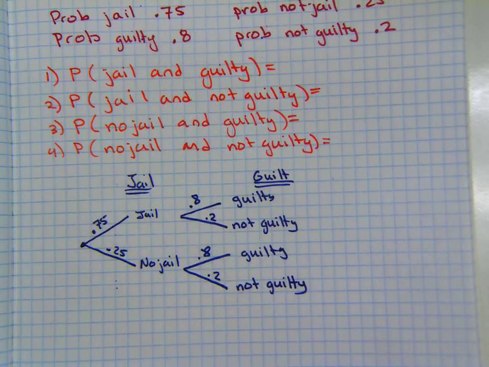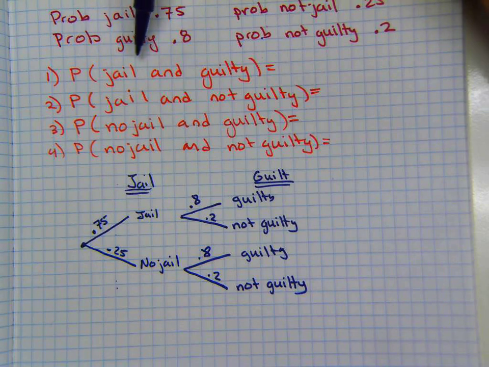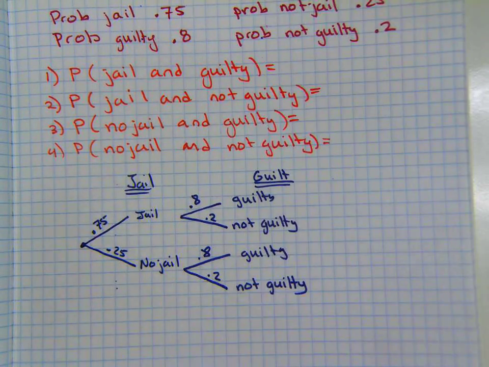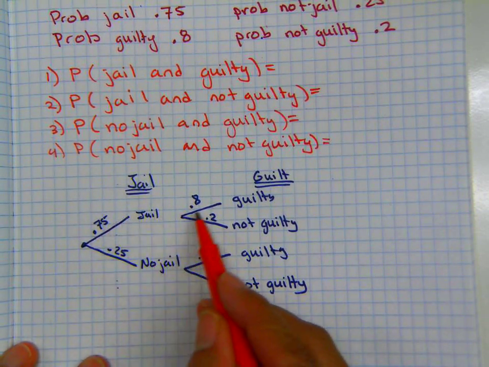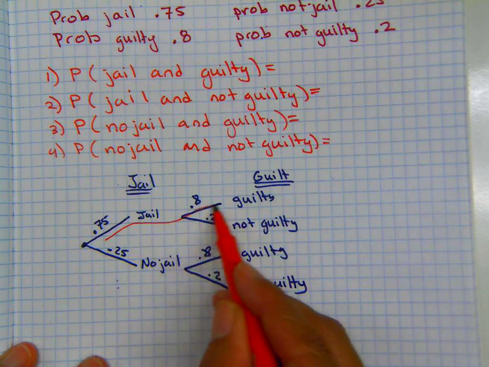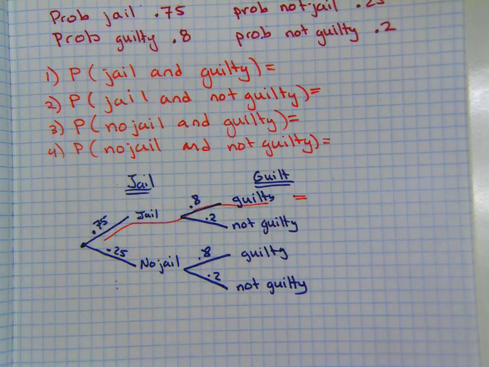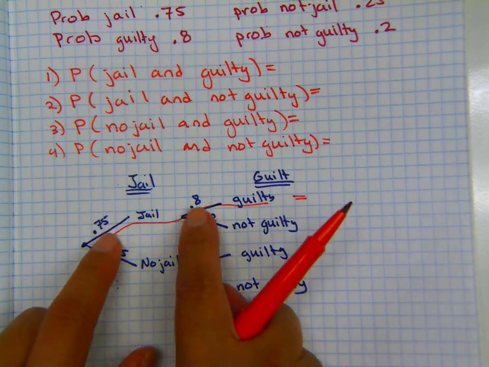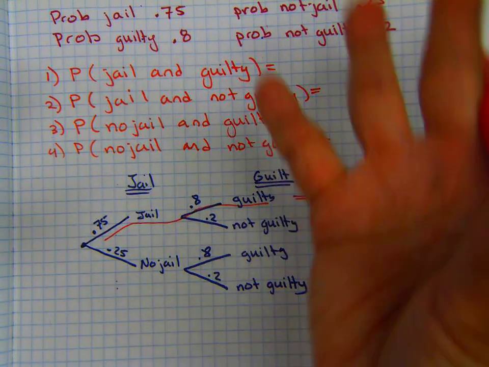So now let's go back up here. I've organized my information. Now let's go back up here to the question. The probability that I go to jail and I'm guilty. So the probability that I go to jail and I'm guilty is this pathway right here. So the way I figure out the total probability is I multiply these 2 values together because jail and guilt are going to be, let's say, independent of each other.